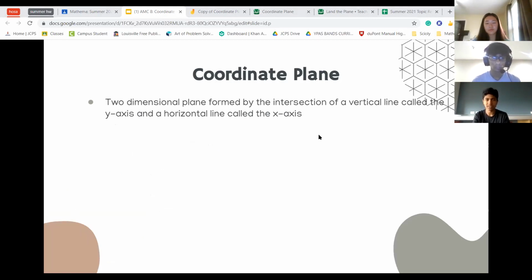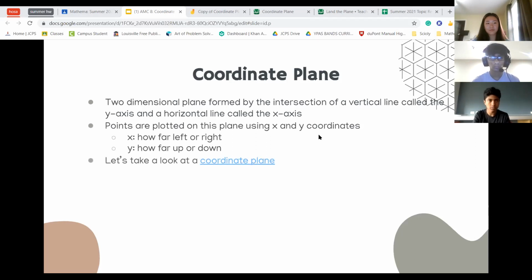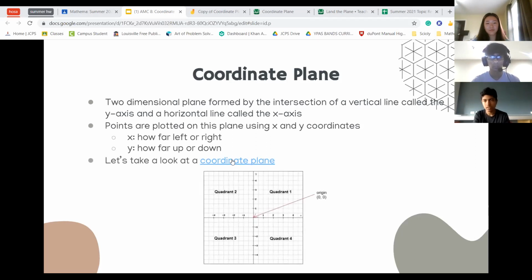So y is basically just vertical and x is horizontal. And x is always going to be how far left or right, and y is always going to be how far up or down. We're going to be looking at a real example on a coordinate plane. So I'm just going to present that, and we're just going to show what x and y are.